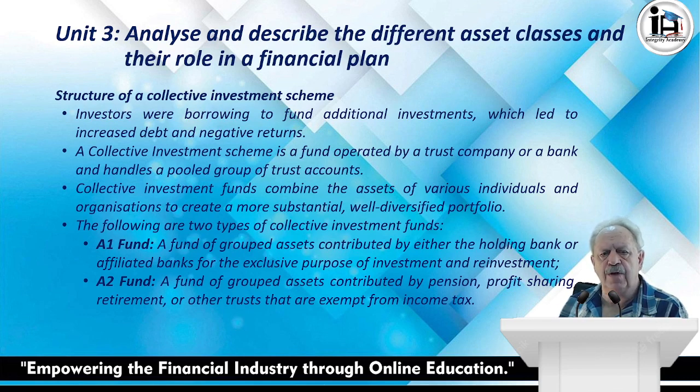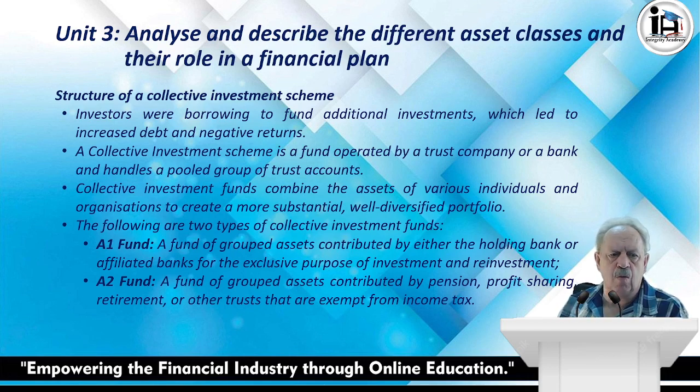A collective investment scheme is a fund operated by a trust company or a bank and handles a pooled group of trust accounts. Collective investment funds combine the assets of various individuals and organizations to create a more substantial, well-diversified portfolio. The following are two types of collective investment funds.